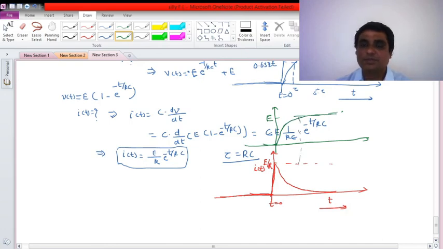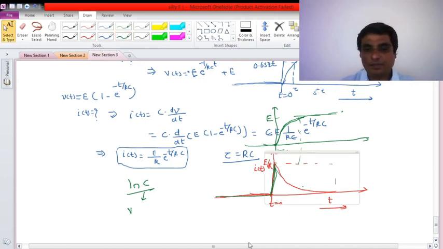So what I can conclude is that the capacitor voltage will not jump suddenly; it will grow exponentially from the switching instant t equal to 0, whereas the current through the capacitor may change suddenly. There will be a sudden jump at the switching time, or at t equal to 0. This is the conclusion we can draw.